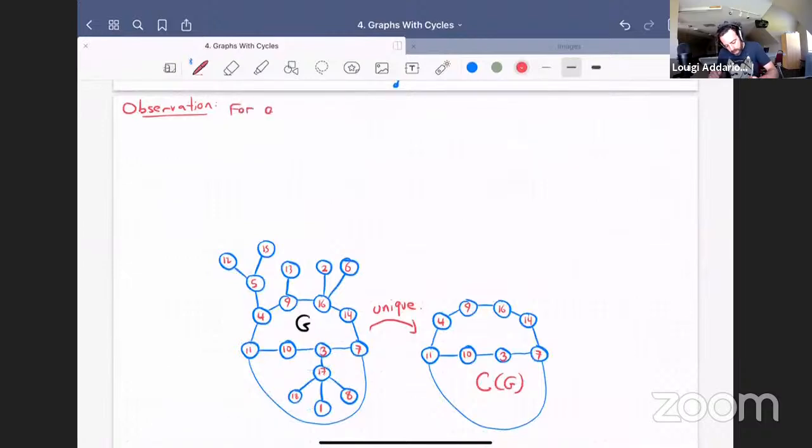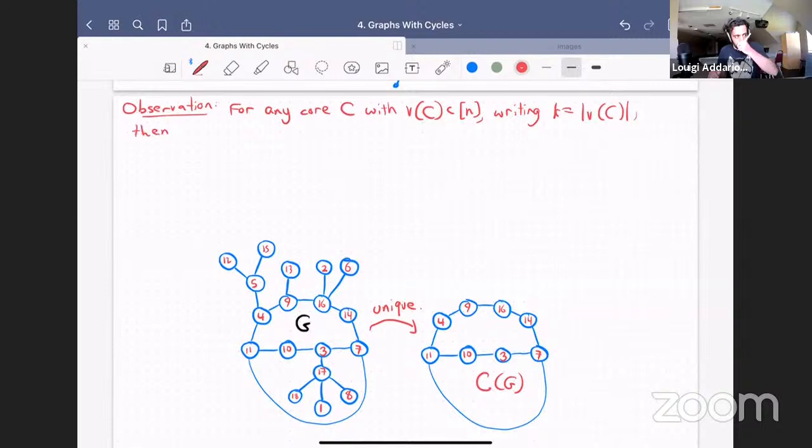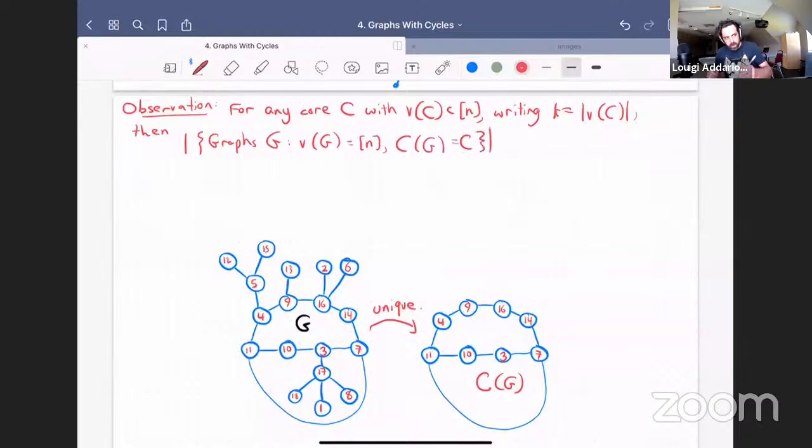If you give me any core C whose vertex set is contained in N, and let's write k for the number of vertices in that core, then the number of graphs G such that the vertex set is the integers 1 up to n, and the core is C, is just k times n to the n minus k minus 1.